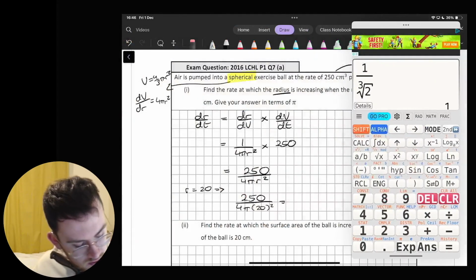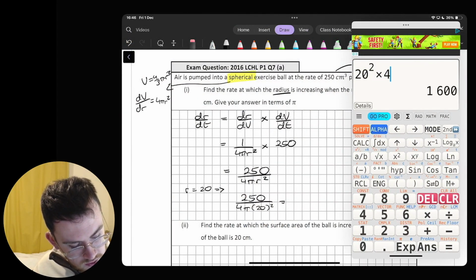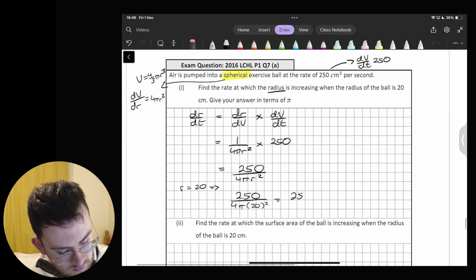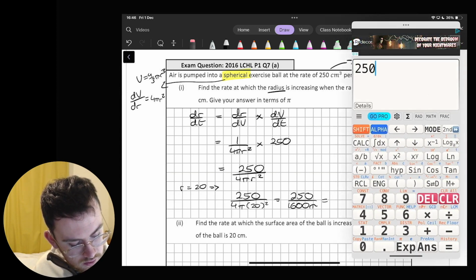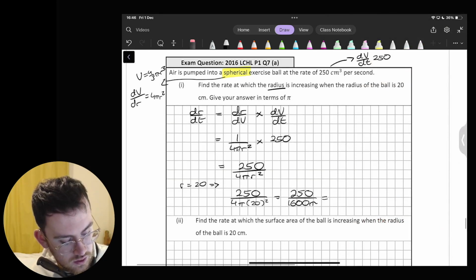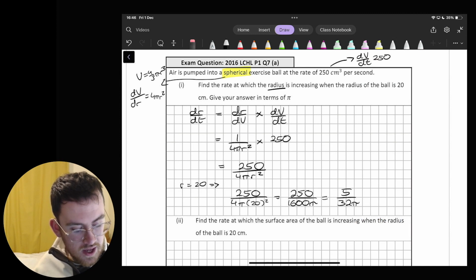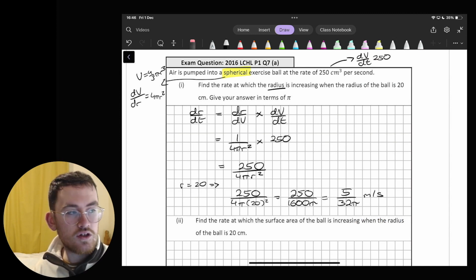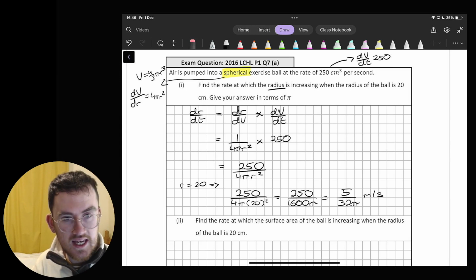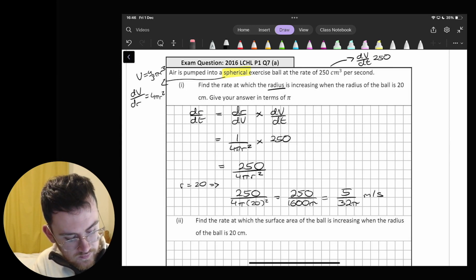Putting that all together, 20 squared times 4 is 1600, so 250 over 1600 pi gives me an answer of 5 over 32 pi. 5 over 32 pi meters per second, or centimeters per second even.